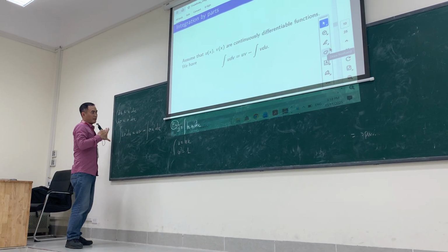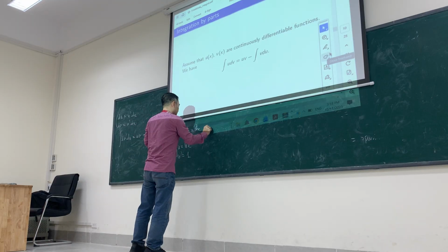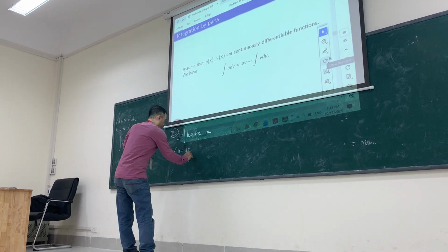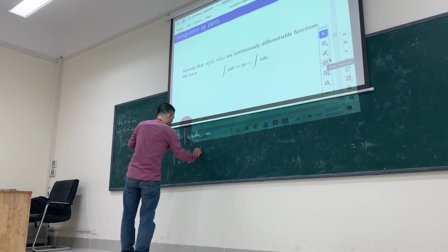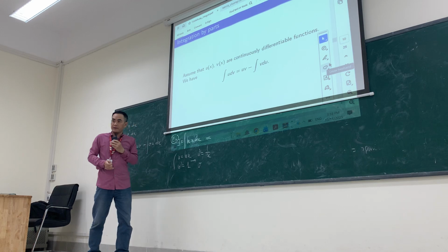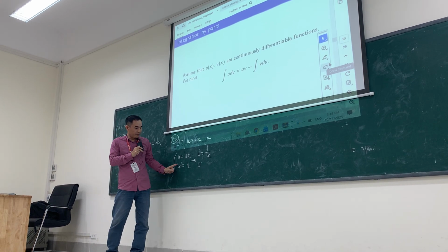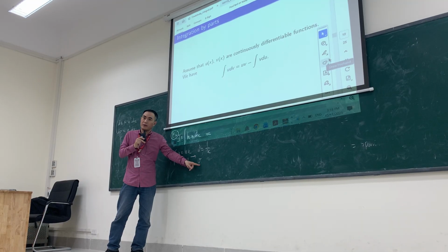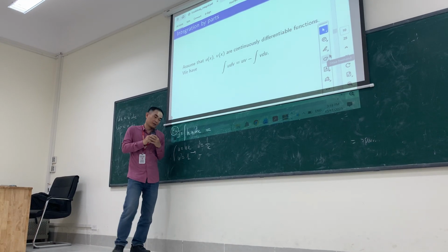Applying integration by parts, we can derive I. Of course, u prime is equal to 1 over x, and since v prime equals 1, we can estimate v equal x.